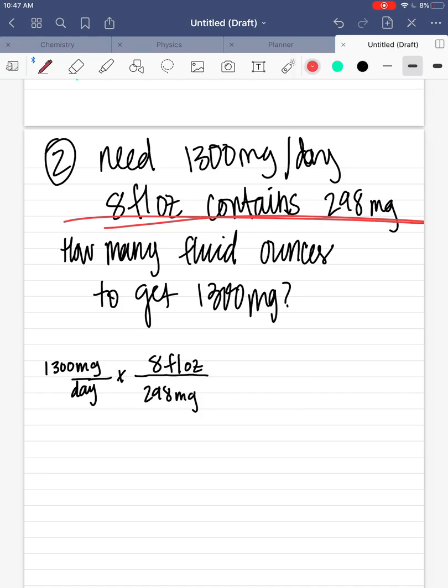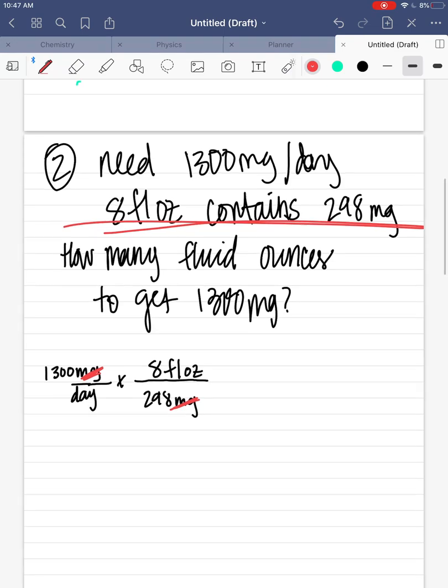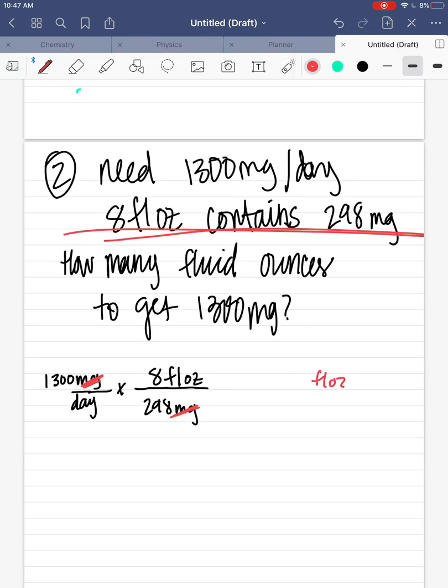So milligrams cancel, and right now I'm left with fluid ounces per day. That's literally what's left, fluid ounces per day, and this is how many we need in a day. So we're kind of getting there. We'll see.